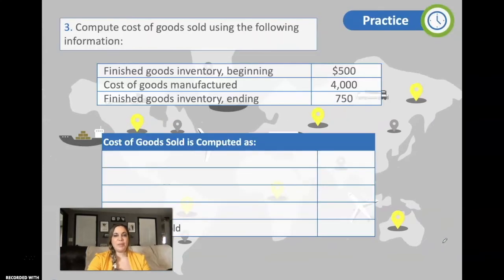Next, we have problem number 3 on the classwork page. Compute cost of goods sold using the following information. We have finished goods inventory at the beginning of the year, cost of goods manufactured, and finished goods inventory at the end of the year.